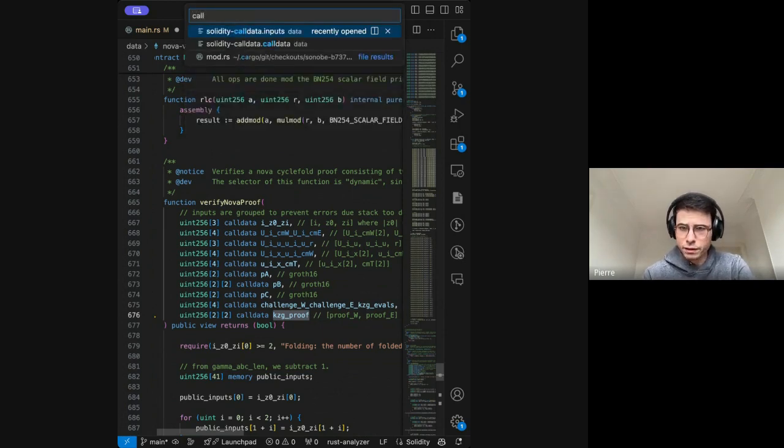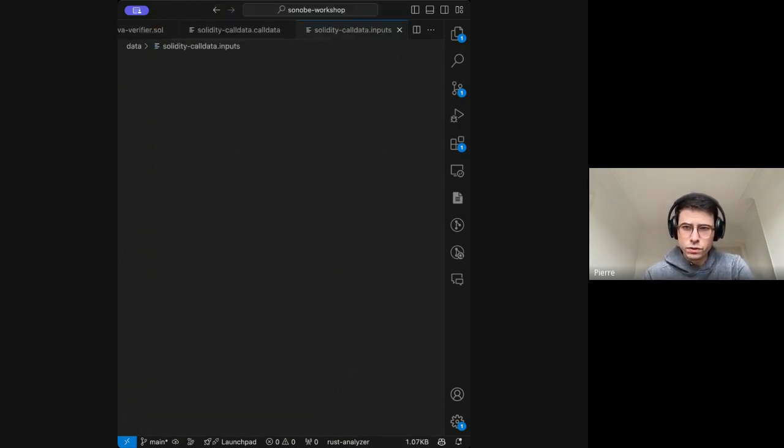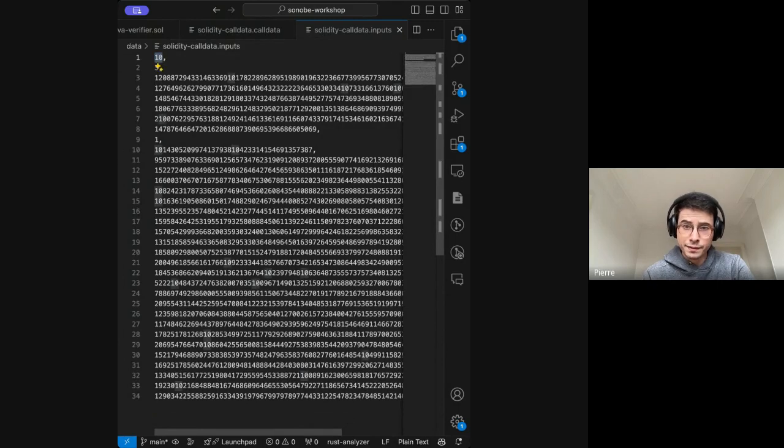So the call data looks like this. 10 is the number of steps that we have done when folding, so it's the i value. 3 was the initial value that we started with, and we end up with some final values that we want to prove for the final step of the IVC. Those all correspond to the points of the Groth16 proof and the points of the KZG proof that we will verify on chain.